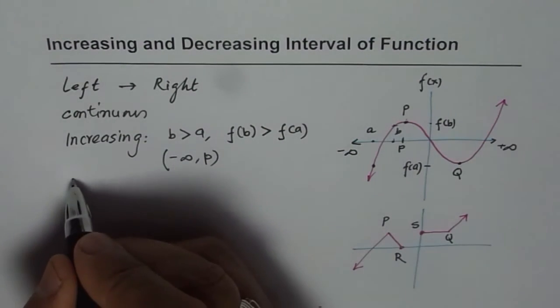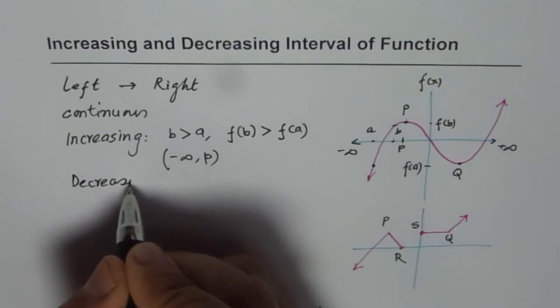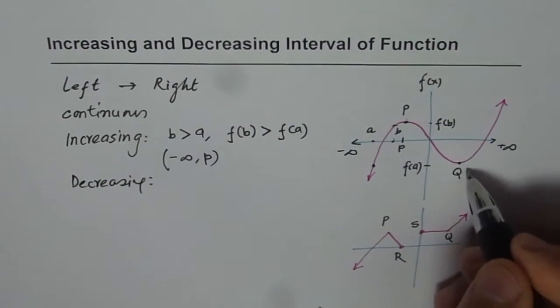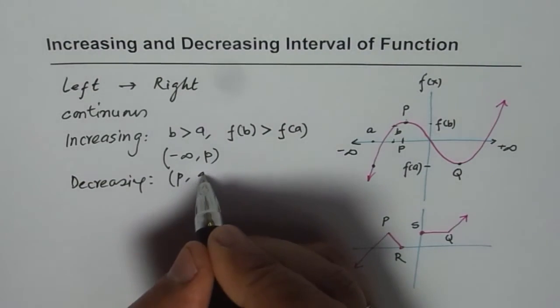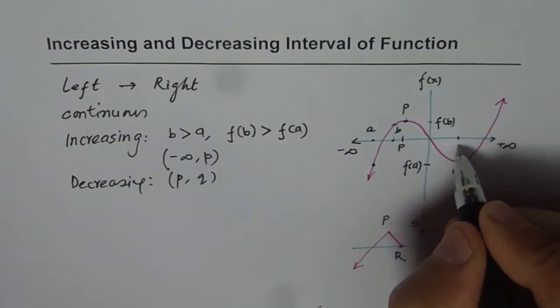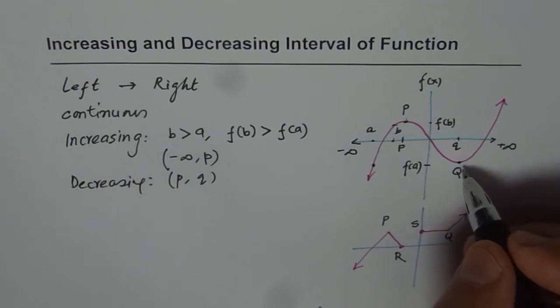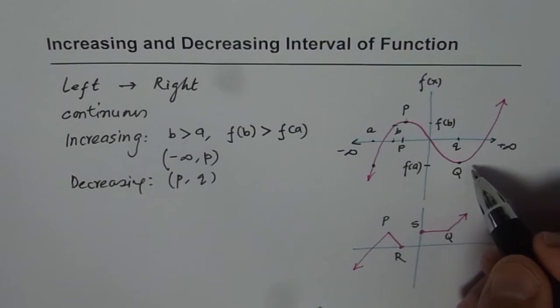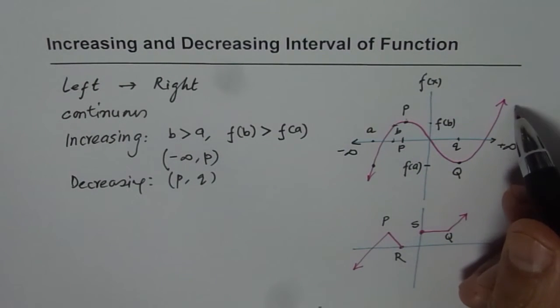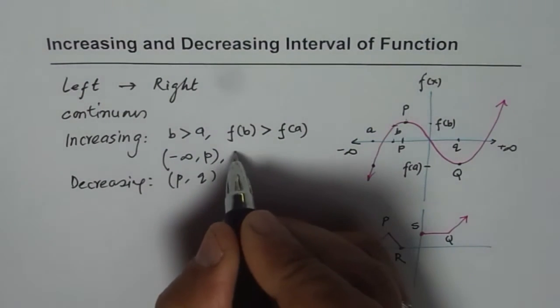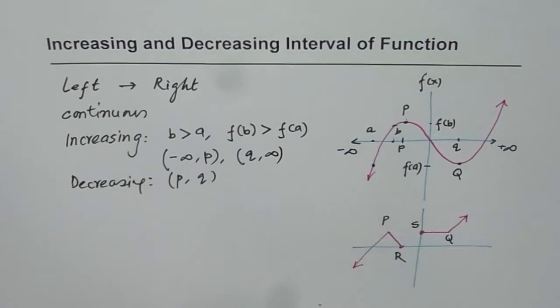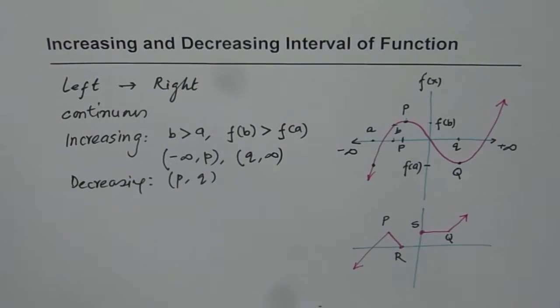So we can say the decreasing interval for this function is from p to q, right? So p to q, it is decreasing. So that is the x coordinate value for point q. Now after q, which is a local minimum for the given function, the value of the function again increases. So again it increases from q to infinity. So that is how you can write increasing and decreasing interval for a function.